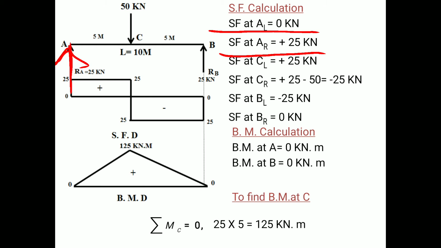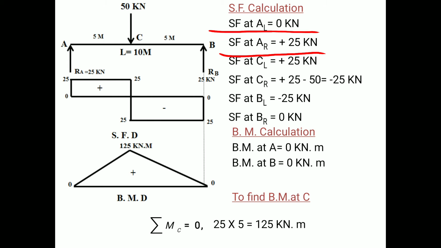Next one, shear force at left of C. As there is no load acting between point A to C, there is no variation in the shear force. So the shear force at left of C will remain as it is. Therefore it is 25 kilonewton.